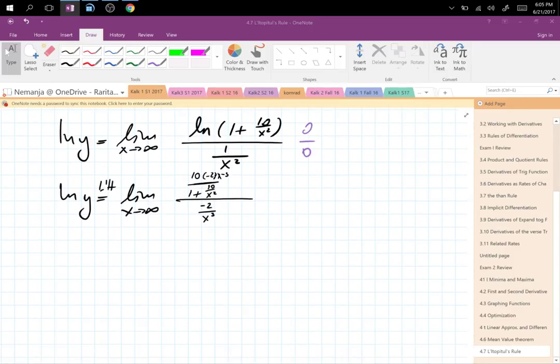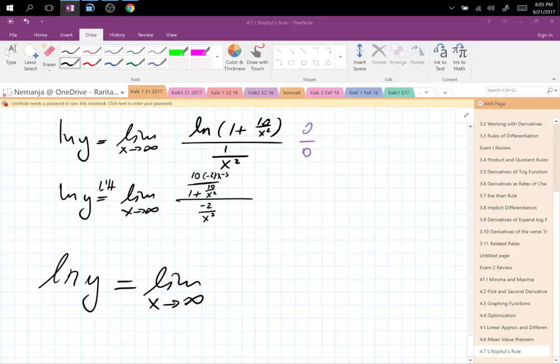All right, so I'm going to write this much larger now because we have to do a lot of algebra to clear this up. I have negative 20 over x cubed divided by 1 plus 10 over x squared. And the main division line here divided by negative 2 x cubed.